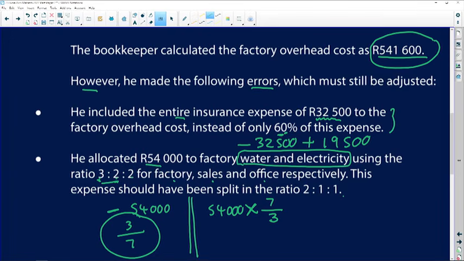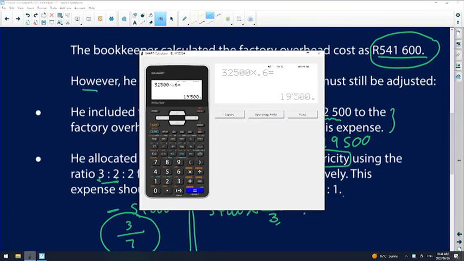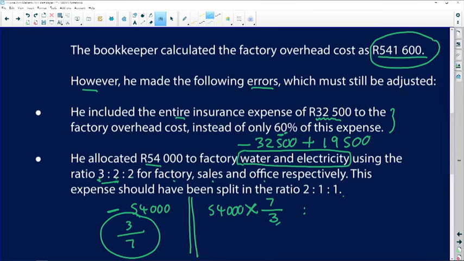On our calculator, 54,000 times 7 divided by 3, and the total water and electricity is 126,000.